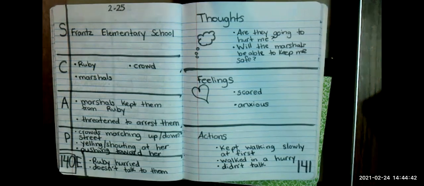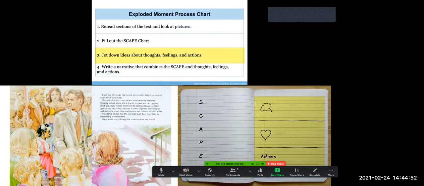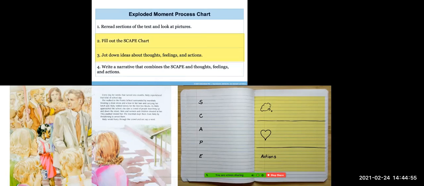All right, so let's flip back to our video. You've worked very hard filling out the scape chart and also jotting down your ideas about the characters' thoughts, feelings, and actions. During our next video lesson, we will move on to step 4, where you actually get to write a narrative that combines everything from the scape chart along with the thoughts, feelings, and actions chart.